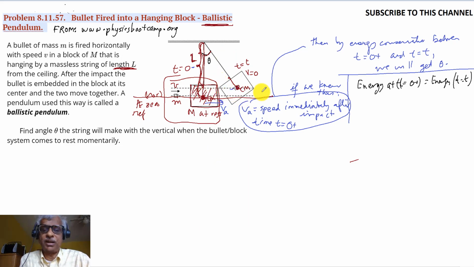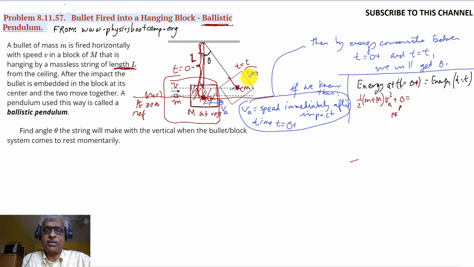So over here, right now at this time 0 plus, potential energy is 0, so it's all kinetic energy. So you have a half (m plus big M) VA squared plus 0. That's the potential energy.